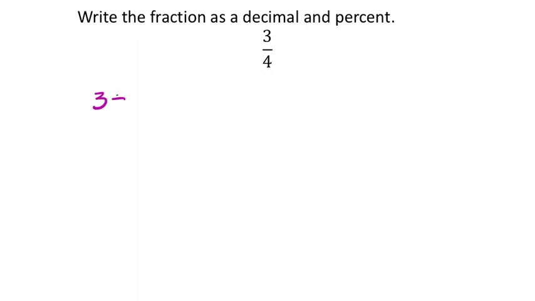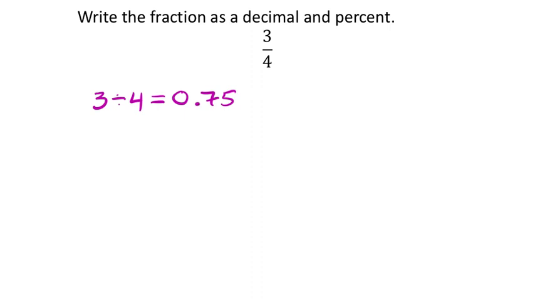Okay, so this would simply be 3 divided by 4. Now again, are we expecting you to do long division here? There is no expectation for that. All we're expecting you to do is type that into the calculator, and then you get this decimal, 0.75.